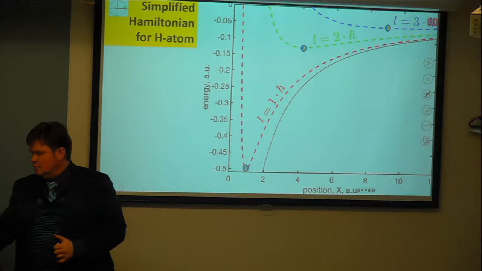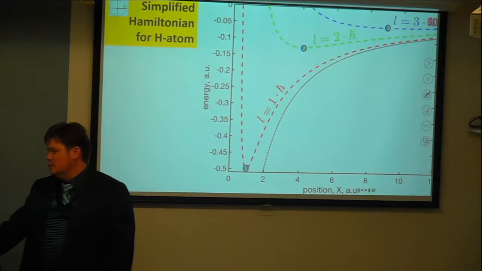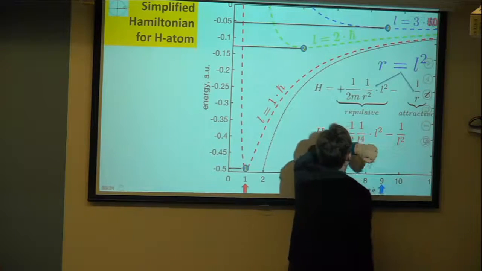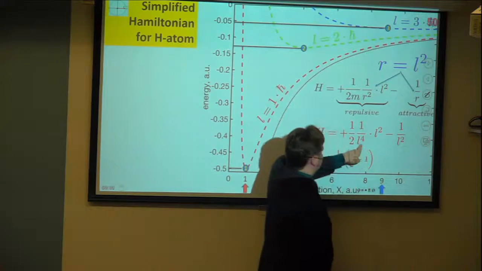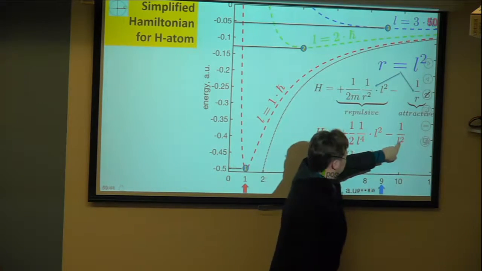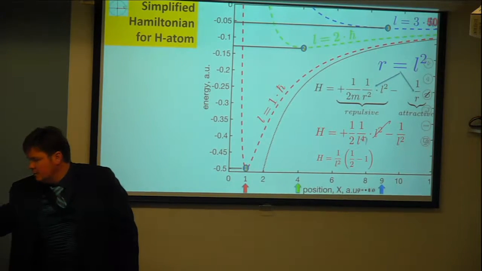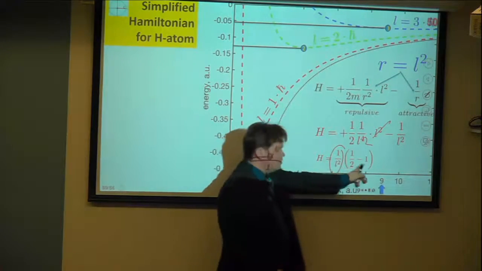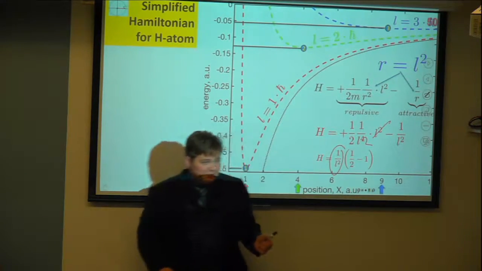So, main conclusion. Where will be energies of this minimum? This is main answer of the Bohr theory. So we need to plug in this value of discrete radius into our total energy. We replace R by L squared. So L to the fourth, L to the second. Cancel this here. Put 1 over L squared outside of the bracket. 1/2 minus 1 will be equal to minus 1/2, right?